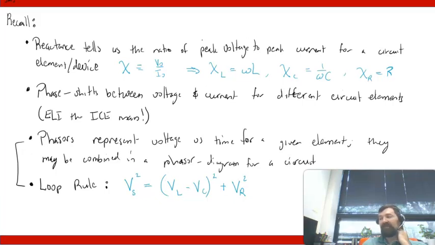And that actually is just an application of the logic of the phasor diagrams. Technically, these are peak voltages for what it's worth that we'd want to use in this particular equation.